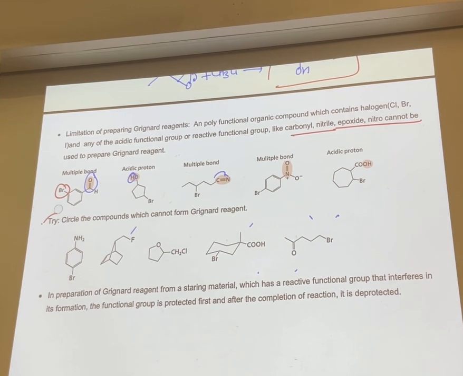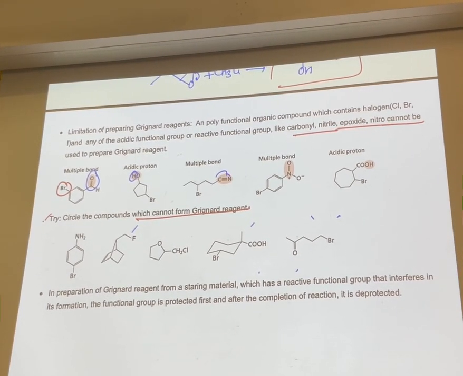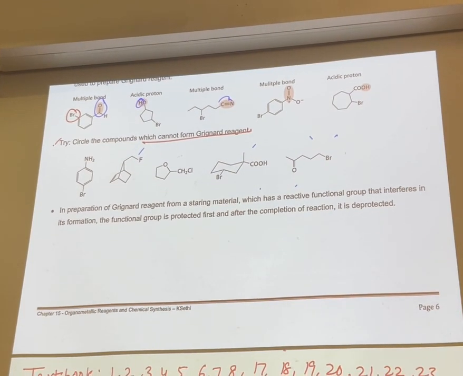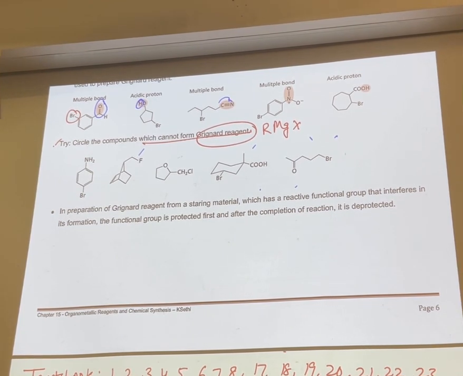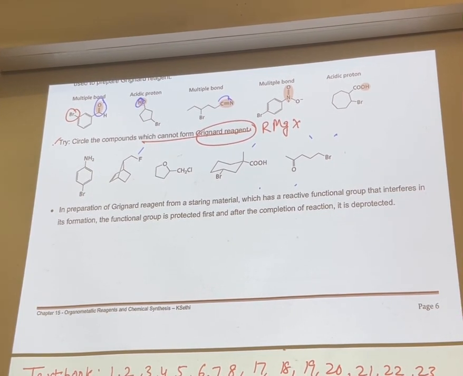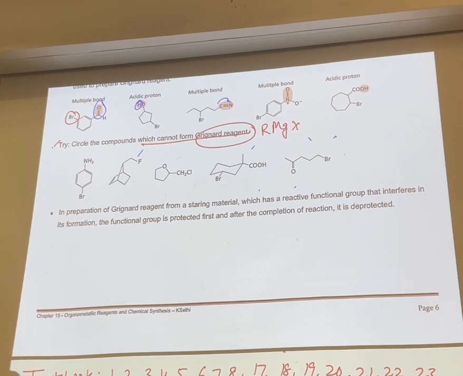The question was to circle the compounds which cannot form a Grignard reagent. A Grignard reagent is RMgX. My question was not which of the following cannot form an organometallic. My question was which of the following cannot form a Grignard reagent, right?